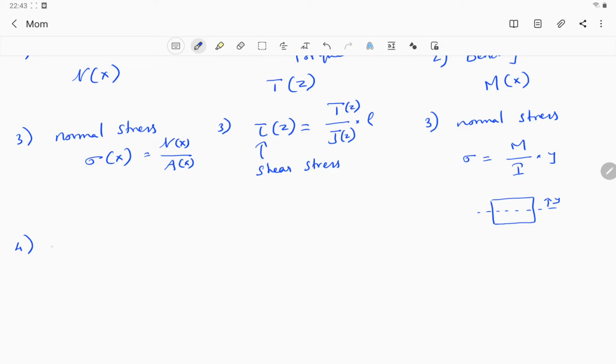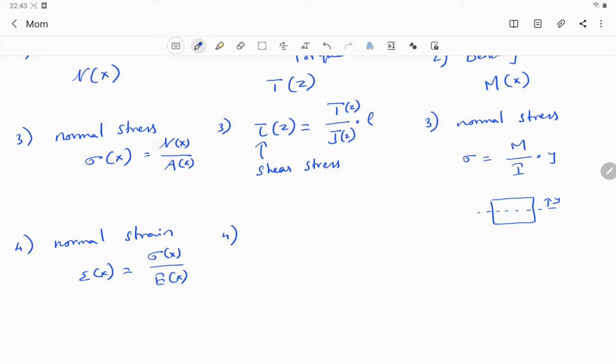Okay, so for axial element it's going to be a normal strain. And what is the formula for normal strain if we know what is normal stress? So epsilon of x is equal to sigma of x divided by E of x. Okay, so that's normal strain.